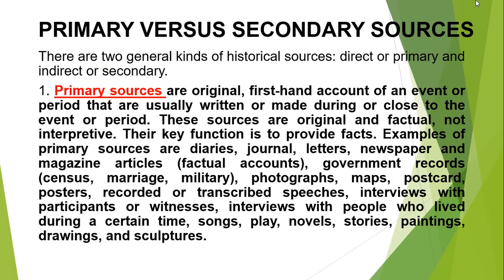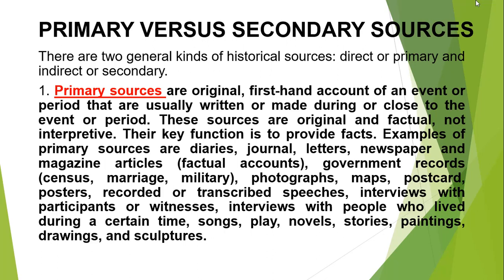Okay, let's proceed. Now, let's differentiate primary and secondary sources. Okay? So there are two general kinds of historical source. So direct or primary. The other term for primary is direct. And of course, we have the indirect or the secondary source of history.